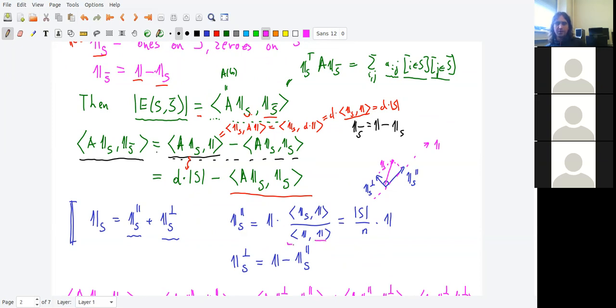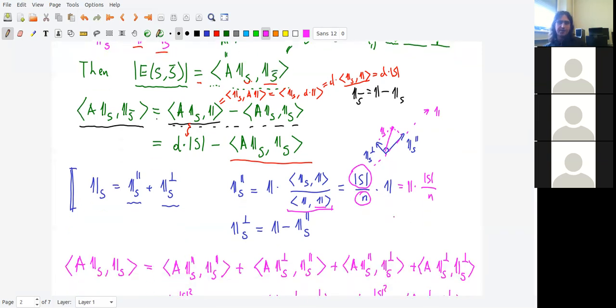Here is again this formula for computing the projection. You've got this term, the cross product of 1 of S with 1, which is just the cardinality of S again, and the cross product of the vector of all ones with itself, which is just n. So this is just 1 times this scaling factor, size of S over n. And then the perpendicular part is just the rest.